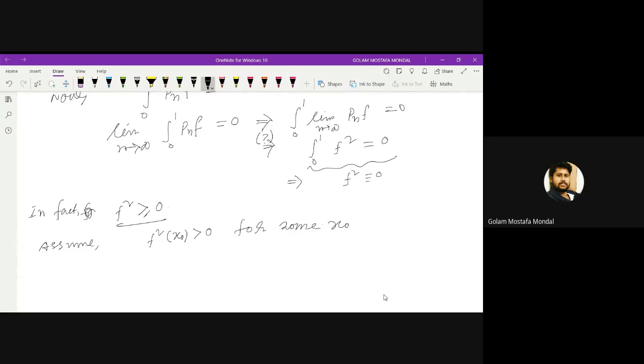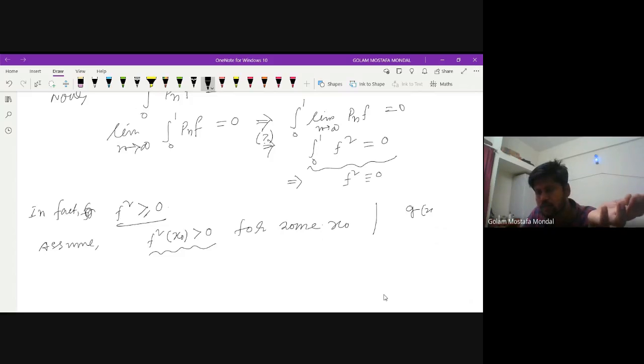Since f is a continuous function, f square is also a continuous function. And we know that a continuous function keeps its sign locally. If g is a continuous function such that g of x naught is greater than 0 for some point, then g is still greater than 0 in a neighborhood of x naught, right?